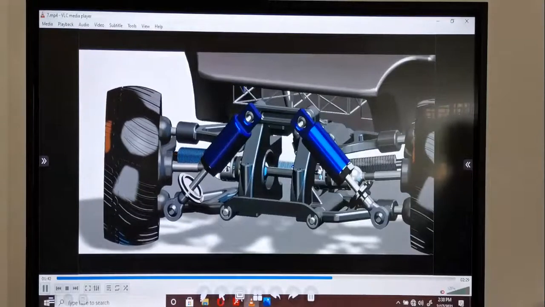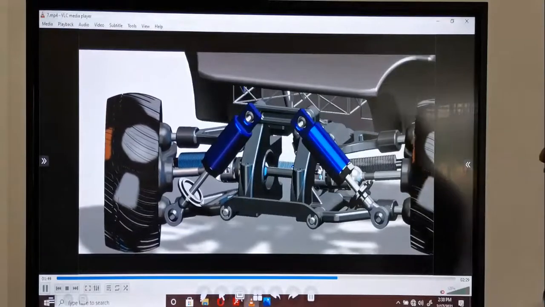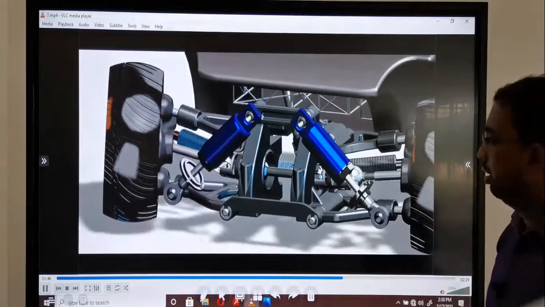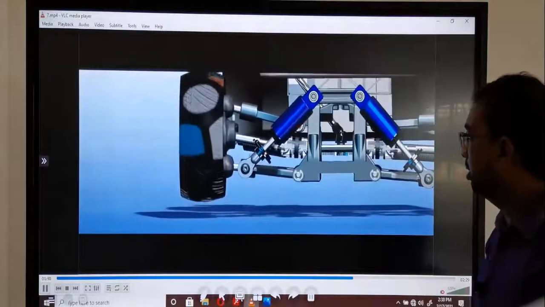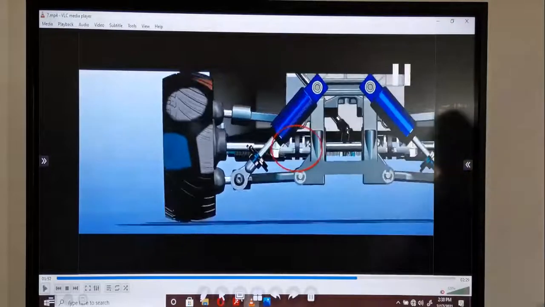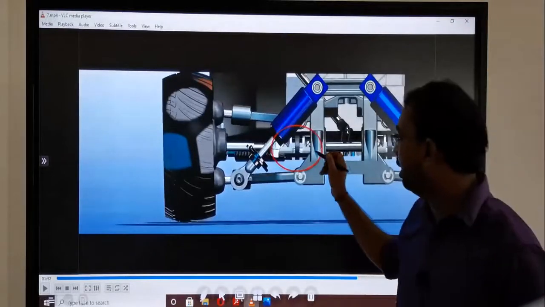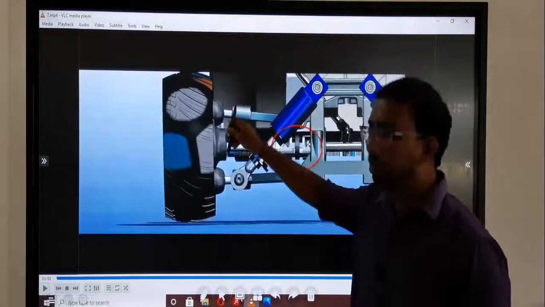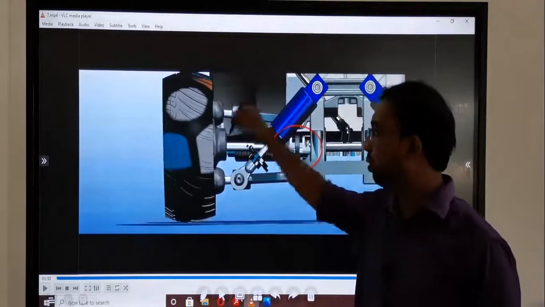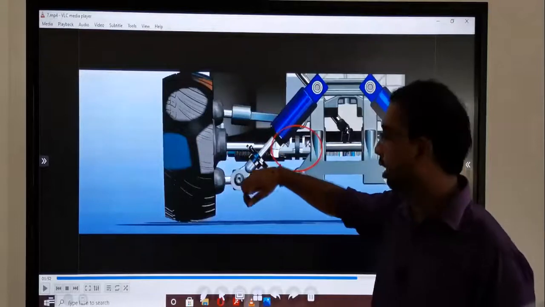Here you can see the wishbone type and how it works. It's more popular, with independent steering. Here you can see this is a front drive vehicle. Because of the wishbone suspension, the wheels move up and down in a vertical position.